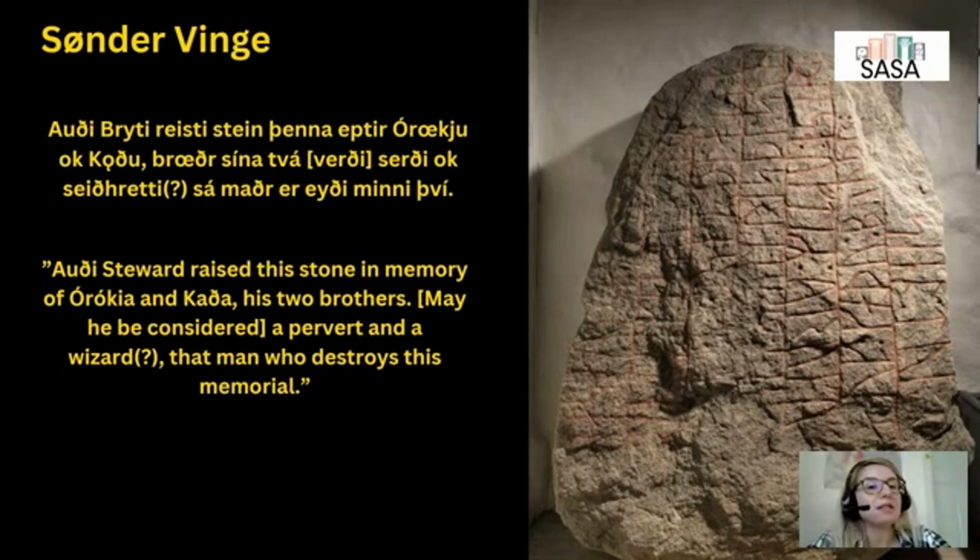So magicians had this very ambiguous status, both in the Viking Age and post-Viking Age, where they were considered both gifted and powerful, but at the same time, they were also considered to be perverted in one way or another. So this is one type of curse you can find on these stones. May those who destroy these memorials become wizards, in the sense of people engaging in intolerable acts, one way or another.